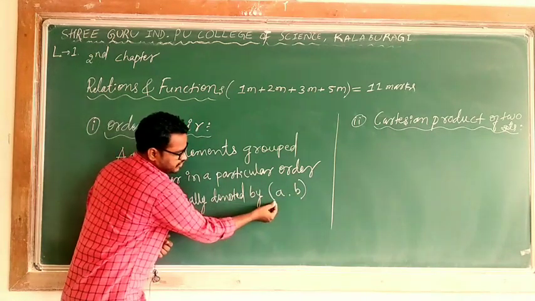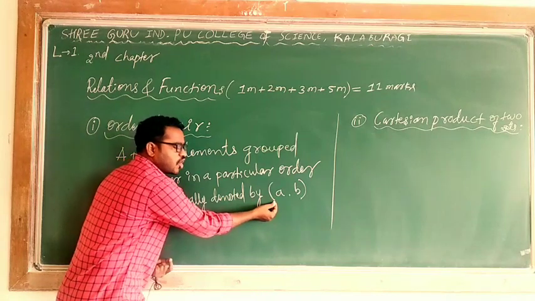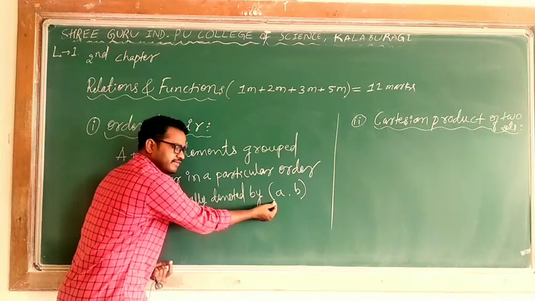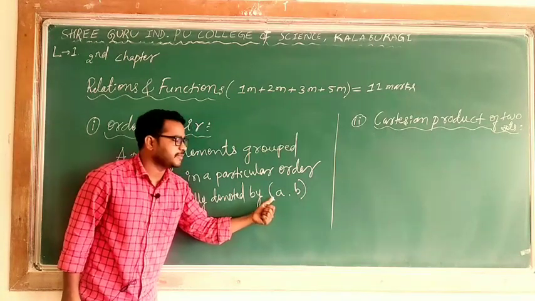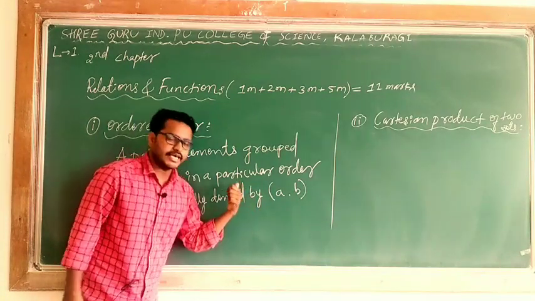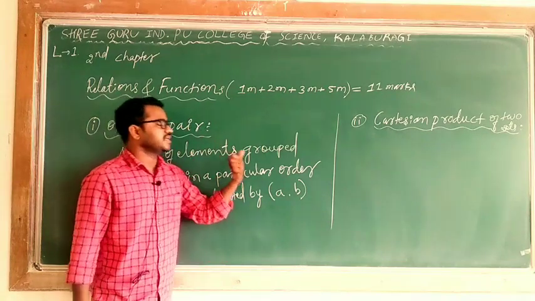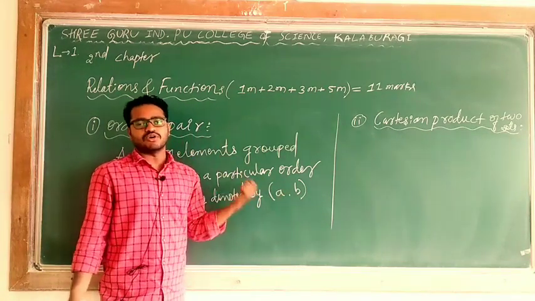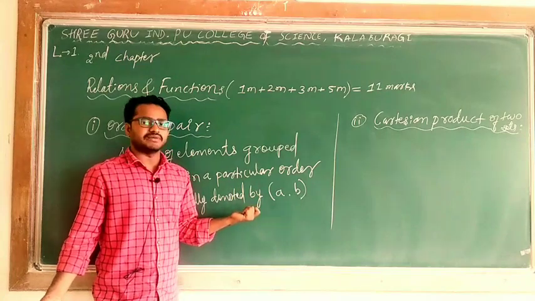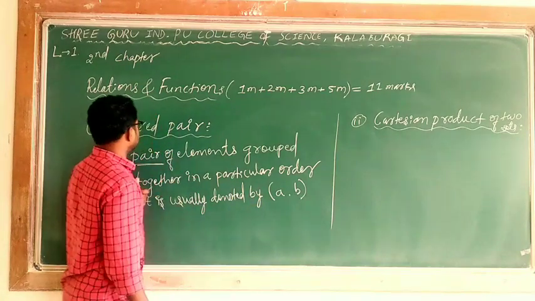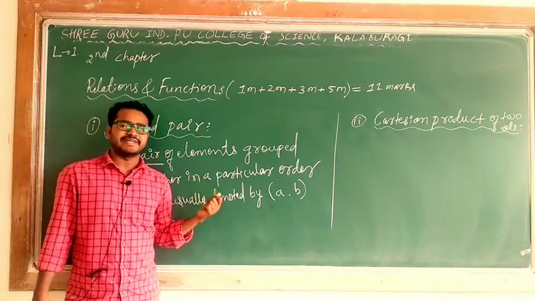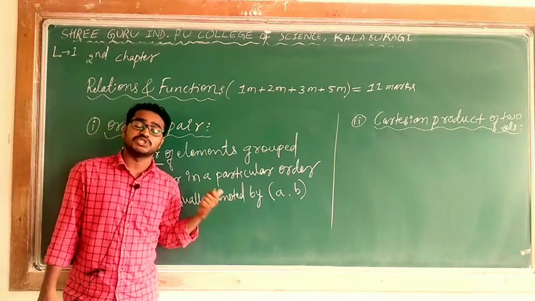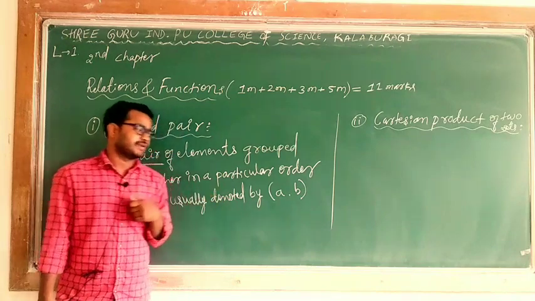This is an ordered pair because we are taking it in order. When we say order, A and B matter. A is always the first element, B is always the second element. Without order, any element could come first, but here it is not like that. In an ordered pair, the first element and second element matter: which is first, which is second.